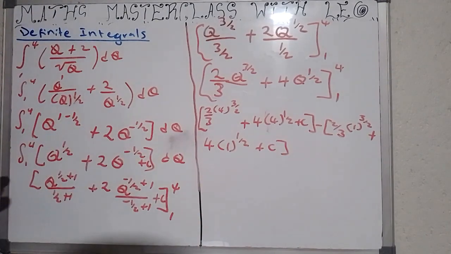So when I say 2 over 3 into 4 to the power 3 over 2, what am I getting?